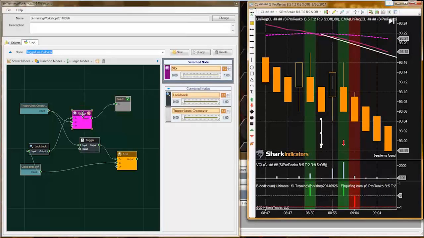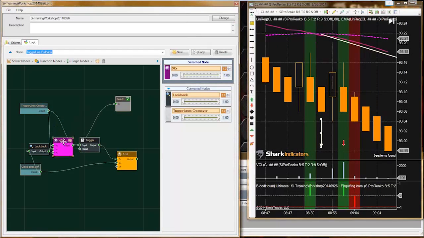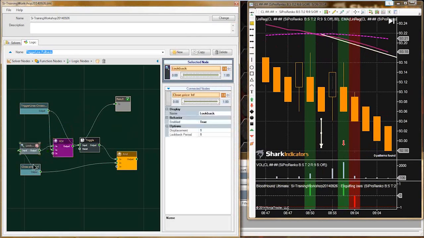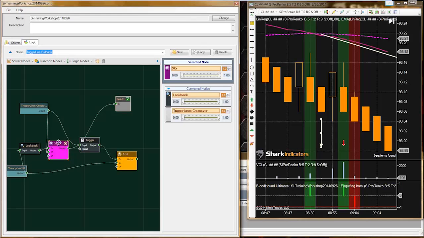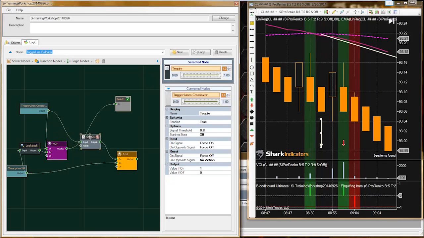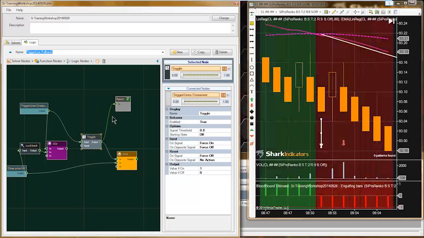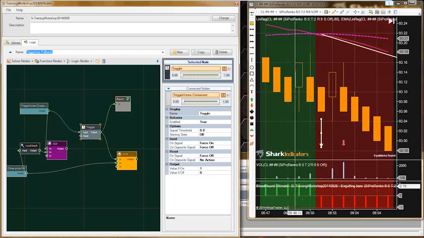And so now let's take this guy. The logic's getting a little more complex here. Alright, so let's take a look at the toggle node.